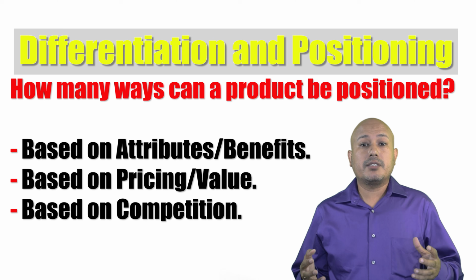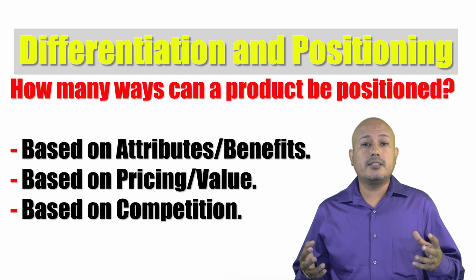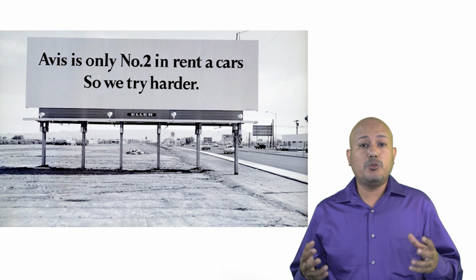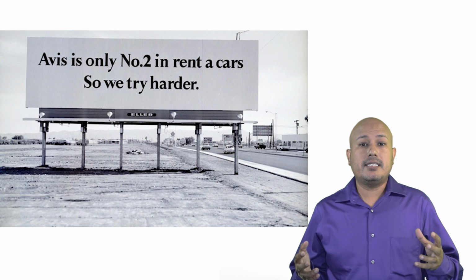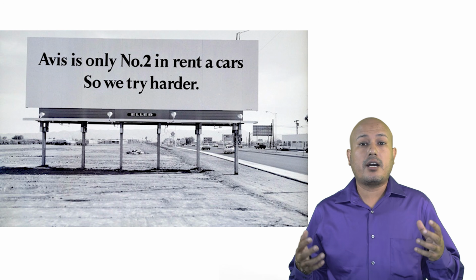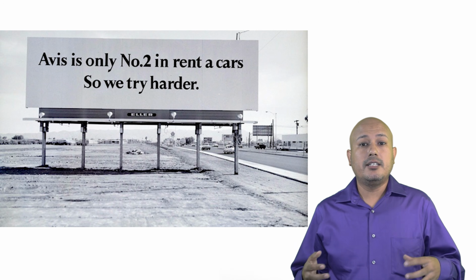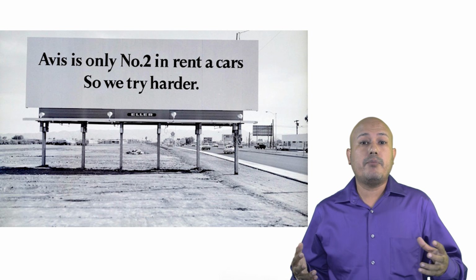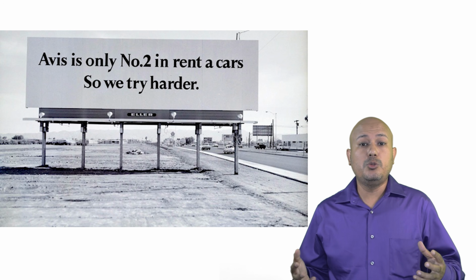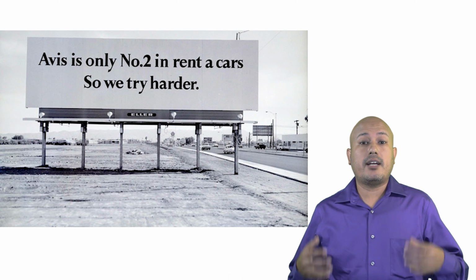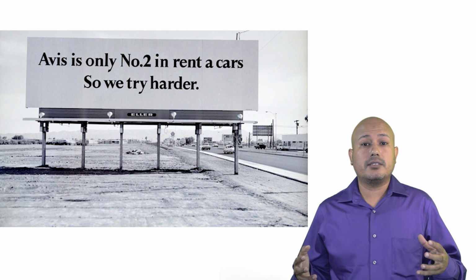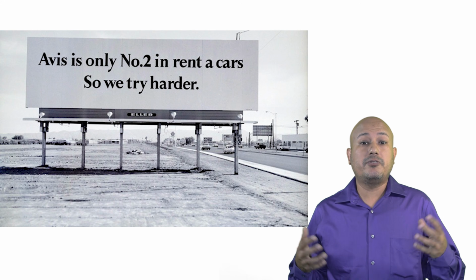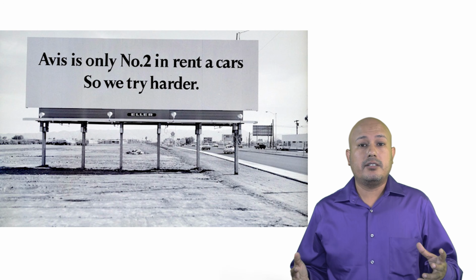A very famous example of positioning against the competitors was used by Avis in the 1970s and 80s when they were the number 2 car rental company in the United States, and Hertz was the number 1 car rental company in the United States. So they created an advertisement campaign where they said, we are number 2, that's why we try harder, to position themselves against their competitors. This advertisement strategy was very successful for Avis.